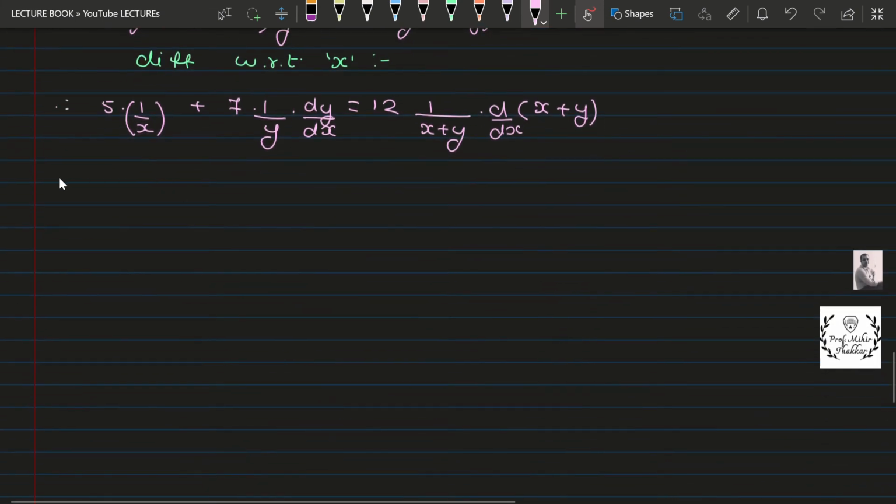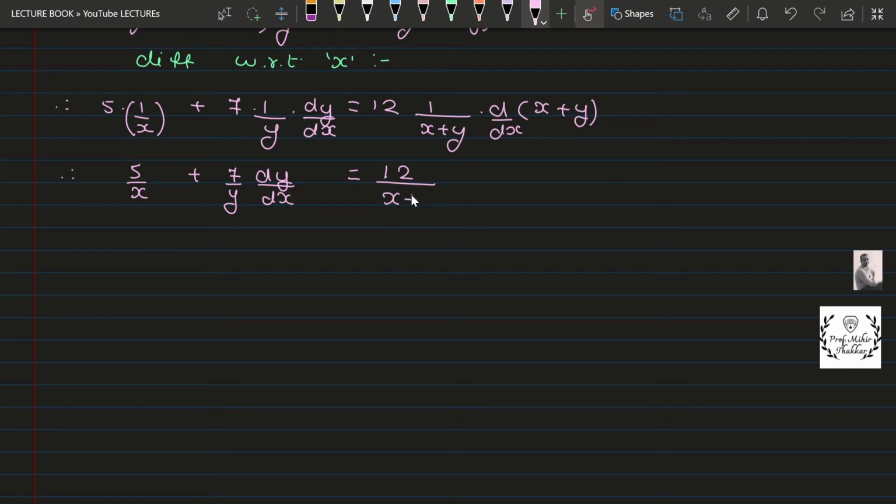So guys, this 5 by x will remain as it is, 7 by y dy by dx will also remain as it is, and here it will become 12 upon x plus y inside the bracket, derivative of x is 1, derivative of y is dy by dx. Now you all know this 12 upon x plus y will be multiplied with the first term as well as with the second term.